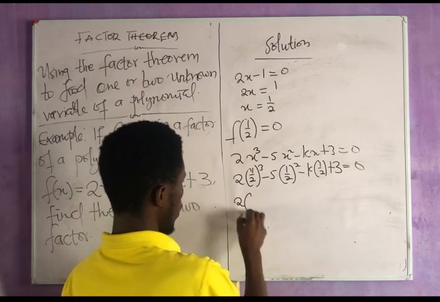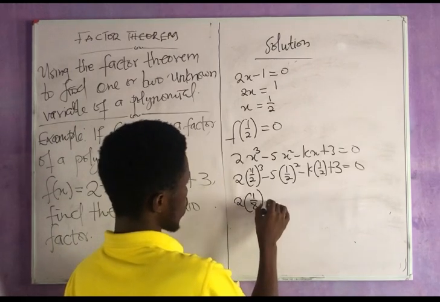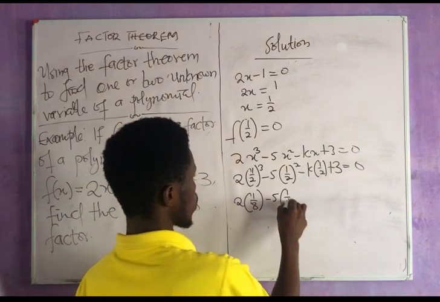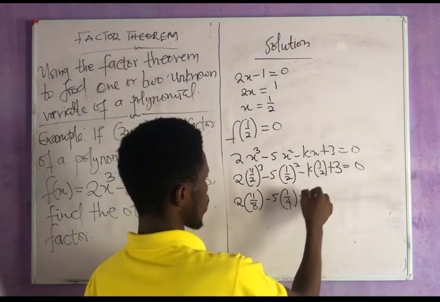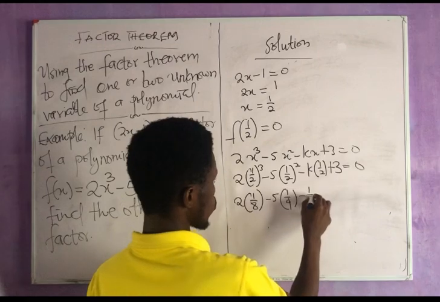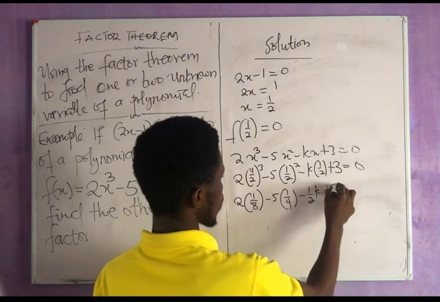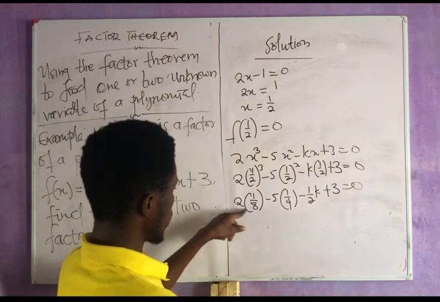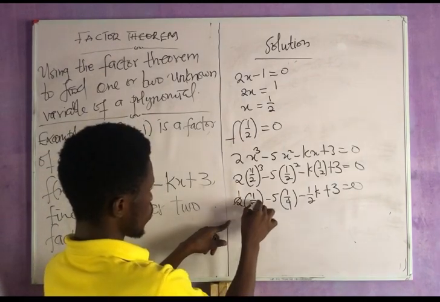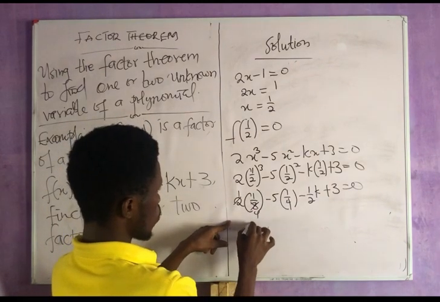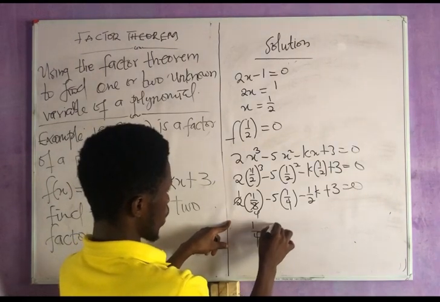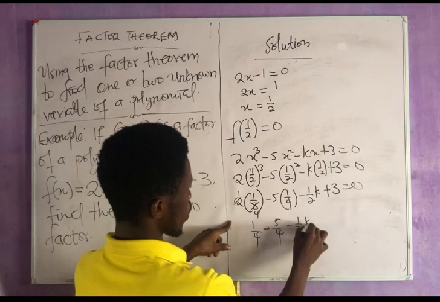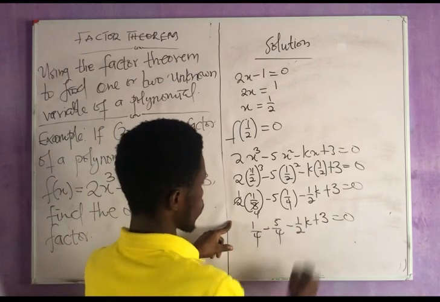So I have 2 multiplied by 1 over 8 minus 5 multiplied by half squared, which gives 1 over 4, minus half times k, which gives 1 over 2k, plus 3 equals 0. 2 times 1 over 8: 2 goes into 2 once, and 8 gives 4. So we have 1 over 4 minus 5 over 4 minus 1 over 2k plus 3 equals 0.